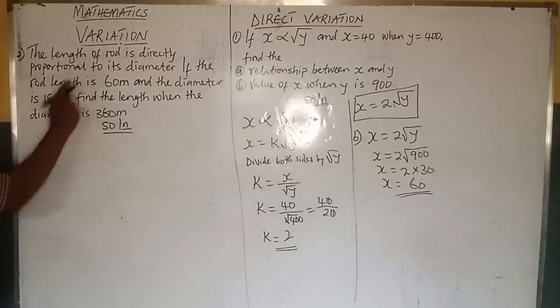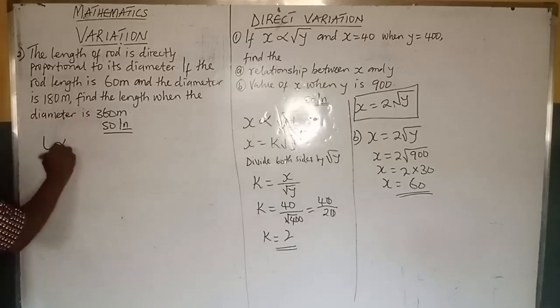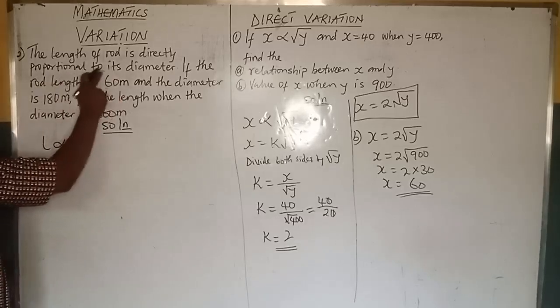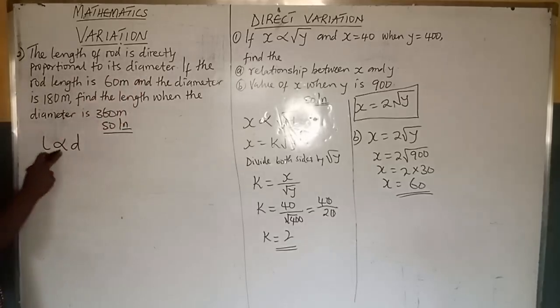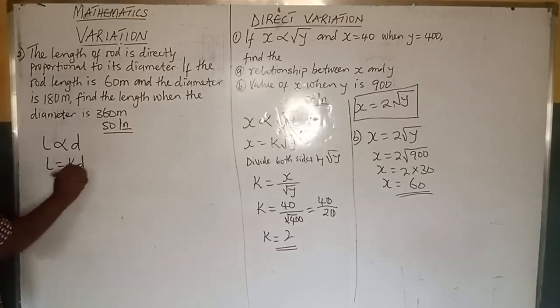Let the length be L, which varies directly as its diameter D. Remember I told you that to remove this sign of proportionality, you introduce a constant. So L is equal to KD. Now make K the subject of the formula.